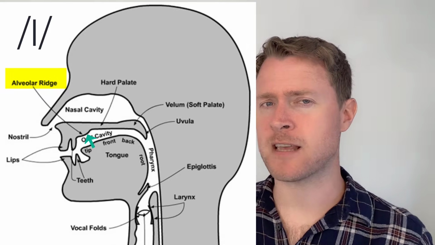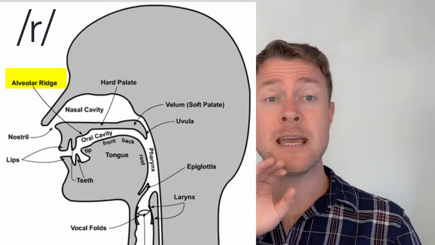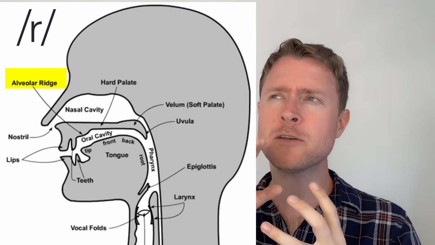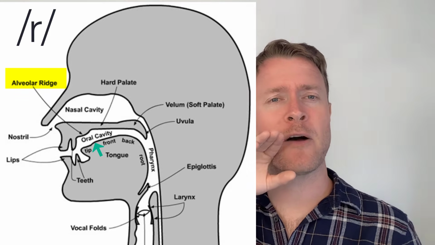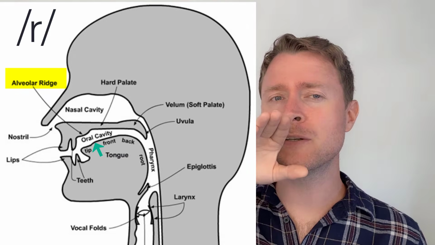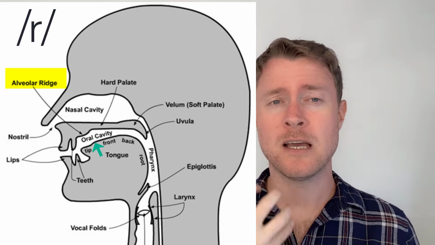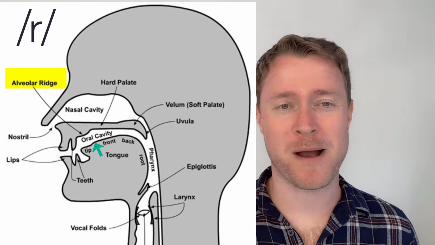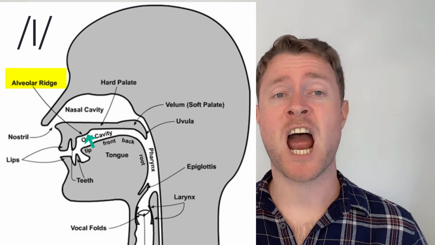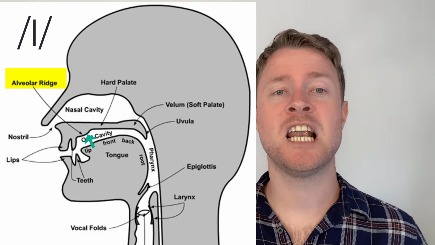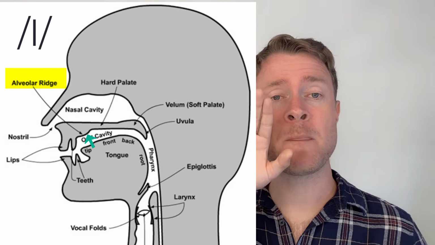In the R sound, the tip of your tongue does not touch. It moves and it kind of hovers in the middle of your mouth, goes a little bit forward, but doesn't touch that alveolar ridge, okay? See if you can see the difference with my mouth. In the L sound, the tongue starts here and goes down.